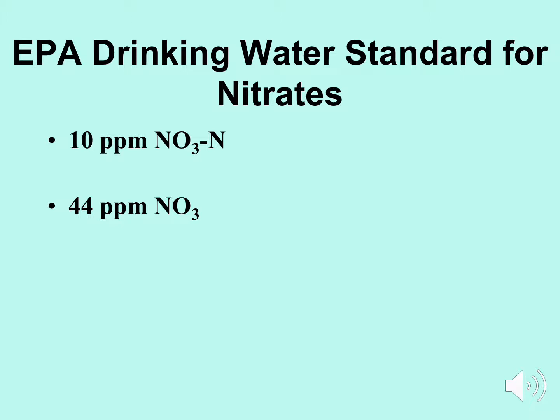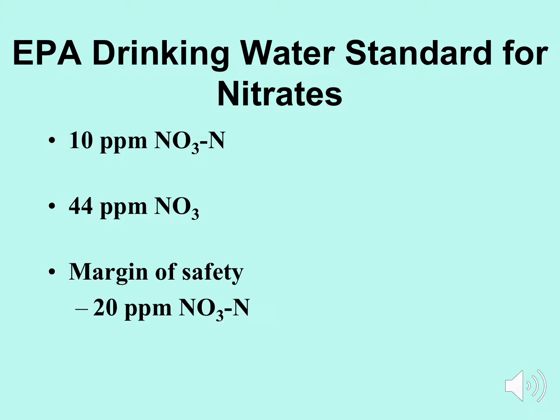million nitrate nitrogen. Now, EPA did research to establish a standard of 10 parts per million. All of our standards for drinking water are based on scientific research. Basically, the Environmental Protection Agency goes out there and does research.